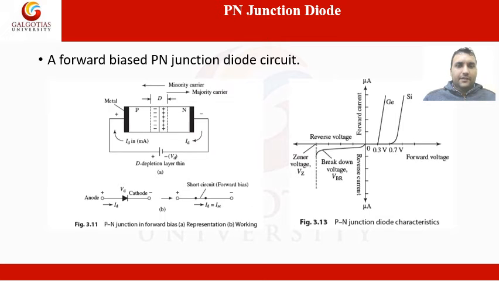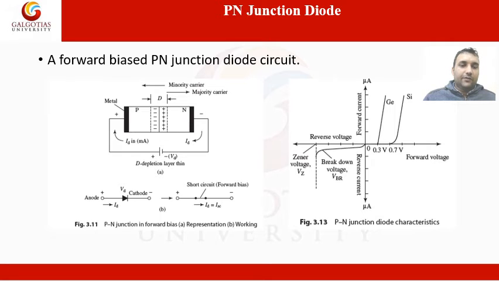This is a PN junction diode, that is, a forward bias PN junction diode circuit. This is the PN junction where this is the negative ion, this is the positive ion, and the minority carriers move towards this P type and majority carriers move with N type. And these are metal strips.